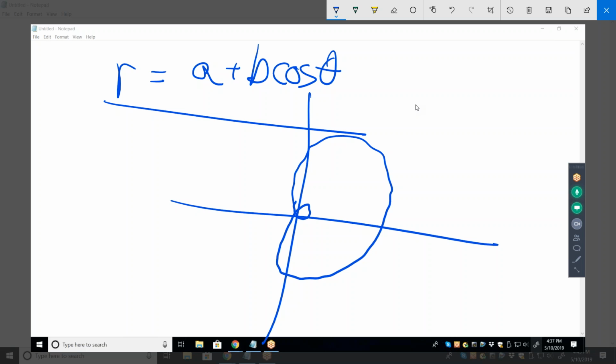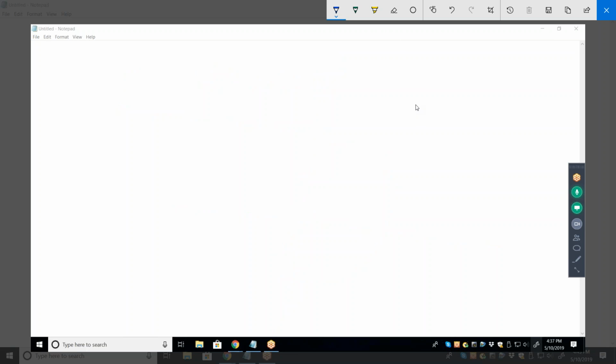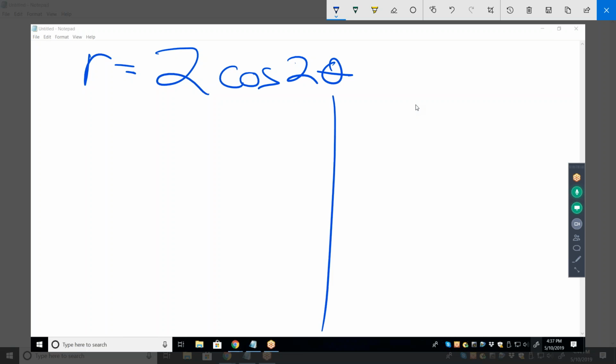Rose petals. Let's talk about those. Their equation is fairly simple. And that specific one is a rose petal with 4 petals, precisely.